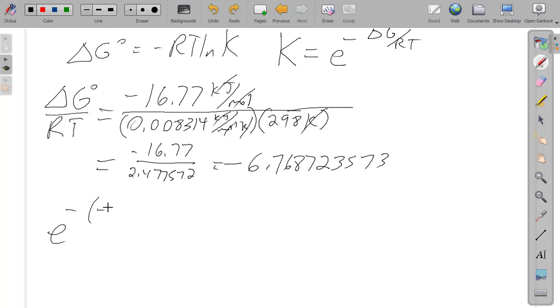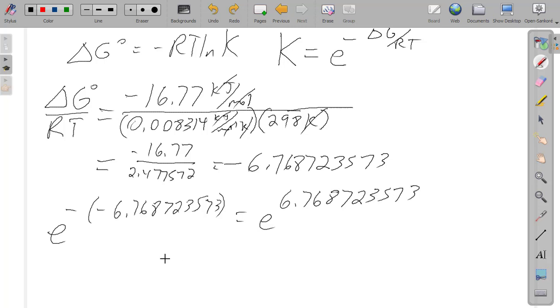So e to the minus, minus 6.768723573. That means these are going to cancel out, so that's e to the 6.768723573, and that's going to give us a raw value of 870.2004374. Now remember, this is a K, so there's no units. We got rid of all the units up here.